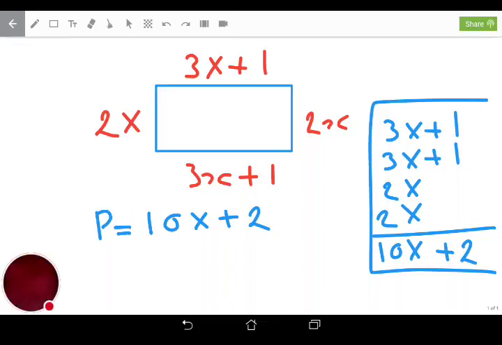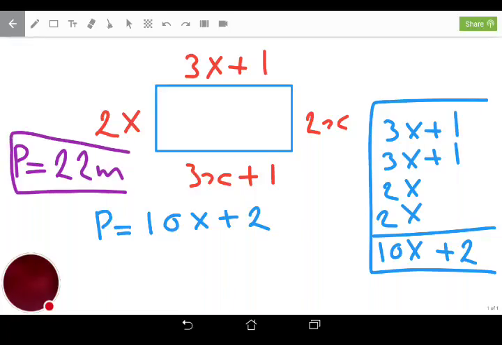Sometimes in the exam, they add additional questions. They might say the perimeter is equal to, let's say, 22 metres. So I'm going to look at this expression and make it into an equation by putting equals 22 on the end.